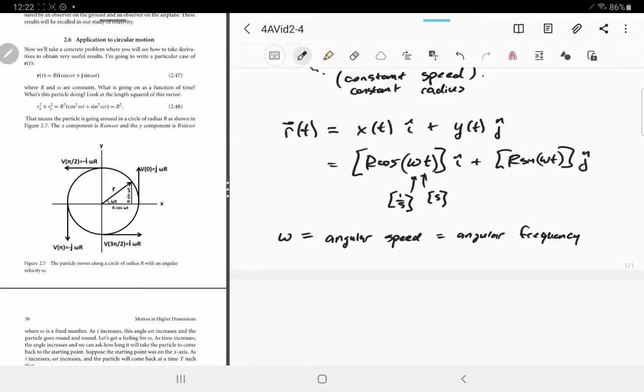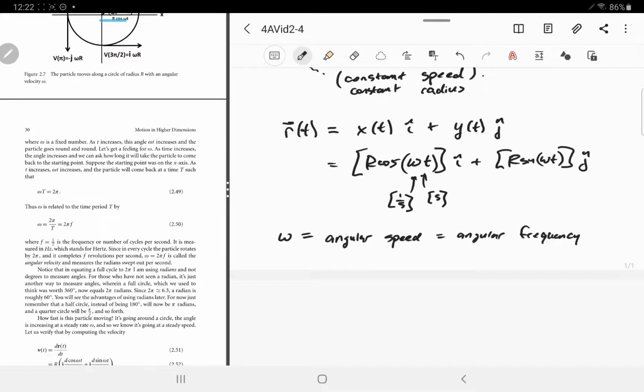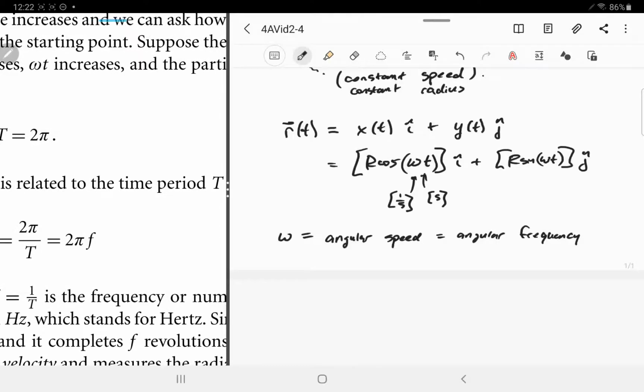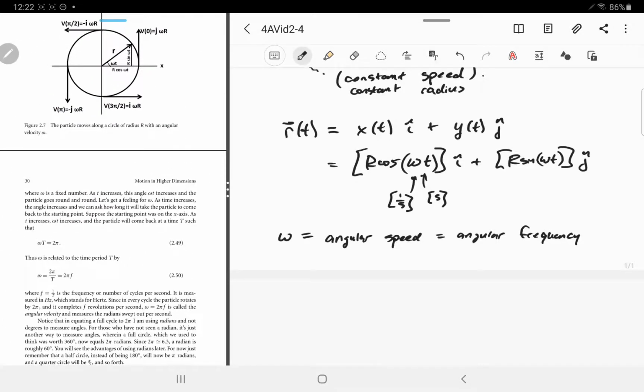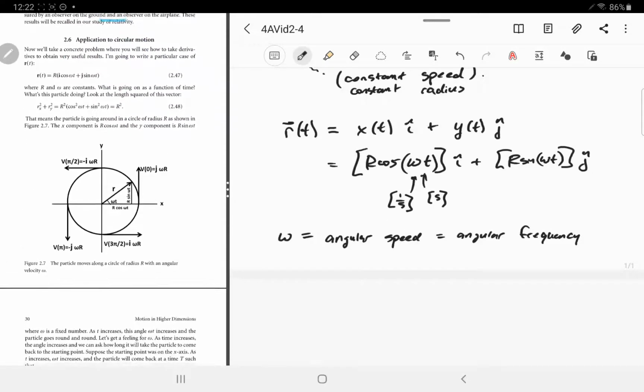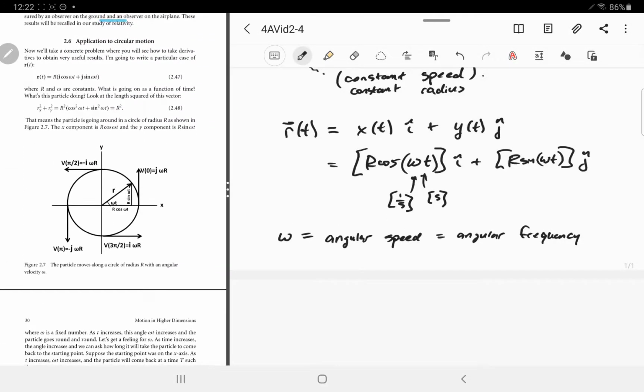Sometimes it'll even just be called frequency. We have to be a little careful because we're going to have another variable here called f, and that's also called frequency. So I'm going to try to avoid as much as possible just saying the word frequency. I'm always going to modify it to specify whether we're talking about this thing omega or the thing f.